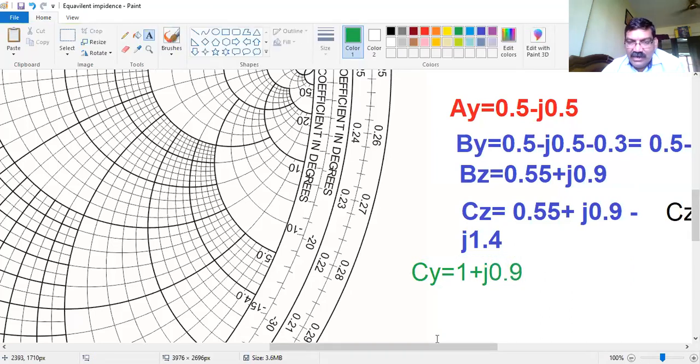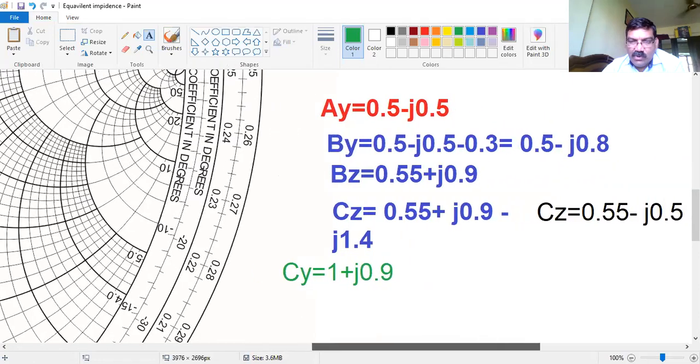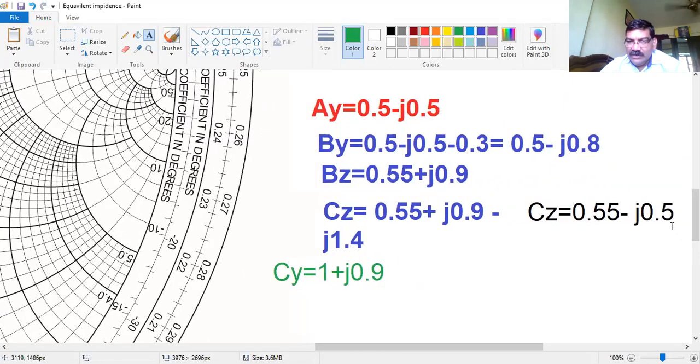Here simply you can do this. This is 0.55 plus, simply we have converted this. Now CY is done.